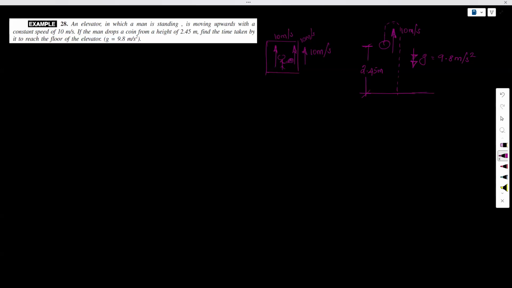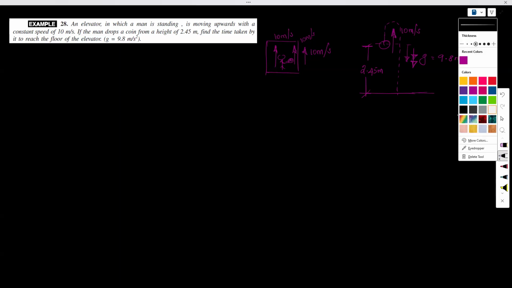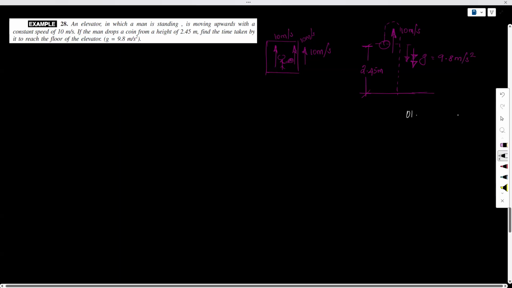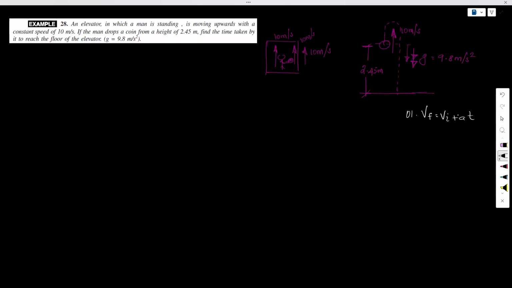As this object is going up, and then it comes back to the same height and it is coming down, the displacement is downwards and it is 2.45 meters. We looked at 4 equations. The first equation is Vf equals Vi plus at.